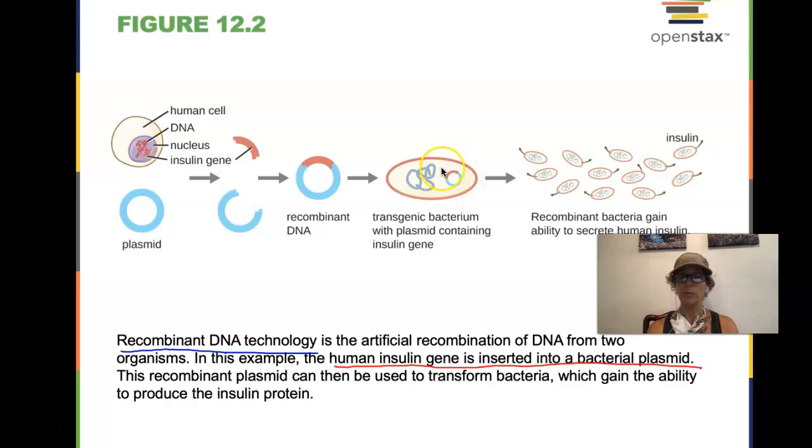This plasmid will be transcribed to RNA and translated to make any proteins that are on the plasmid, but also the insulin. The bacteria are grown in giant vats and large volumes of the insulin are extracted, but it is 100% actual, true human insulin being produced by bacteria.